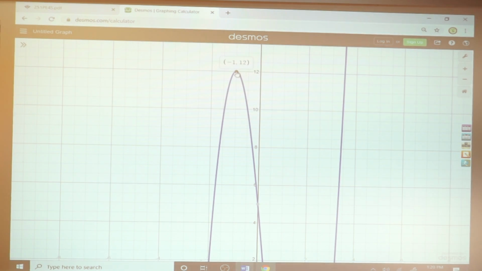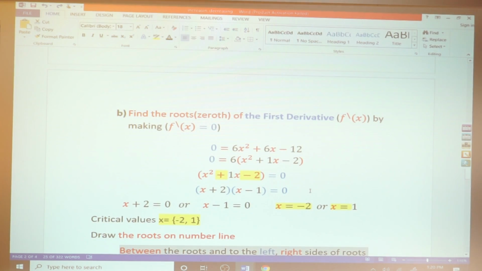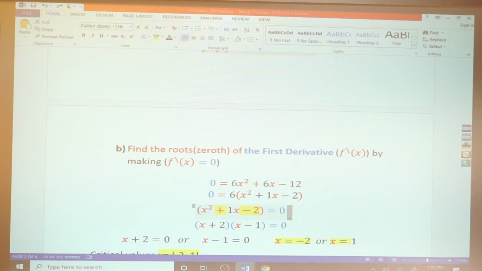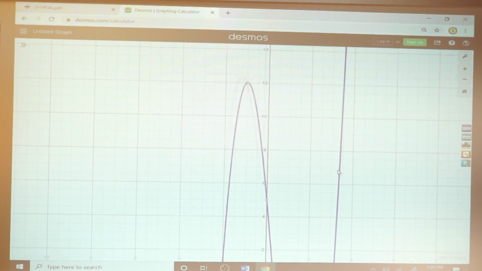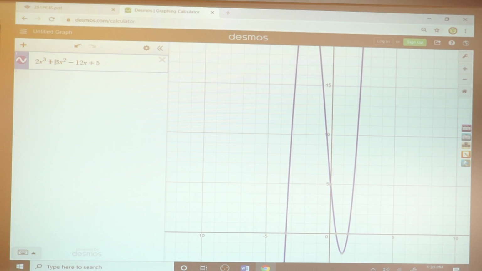Okay, and take this back. You see the maximum we found? At negative 2, right? What I did, minus 12 minus 2, x equal negative 2. Plus 3x squared, this is plus.